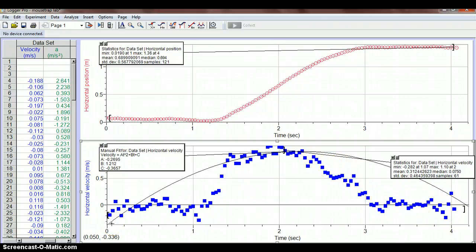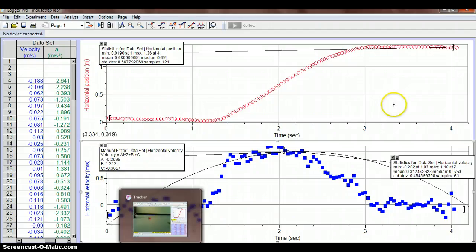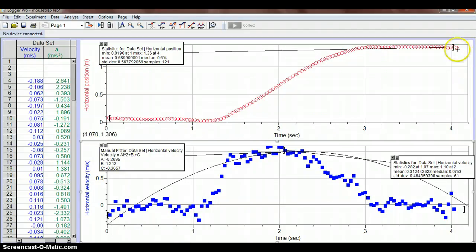Now moving on to the displacement of my car. What I did was I just took the statistics for the entire thing, and you can see that it has max and min.